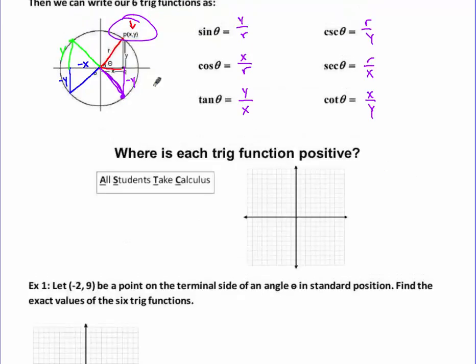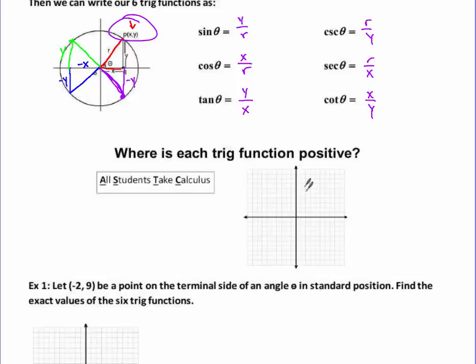So looking back up here, it can be kind of confusing when I started talking about negative x and negative y, or positive x and negative y, because that would mean that the tangent, which is y over x, if we went into this green one, into the second quadrant, would be y over negative x, which would make it negative, right? If we have a positive over a negative, that makes a negative.